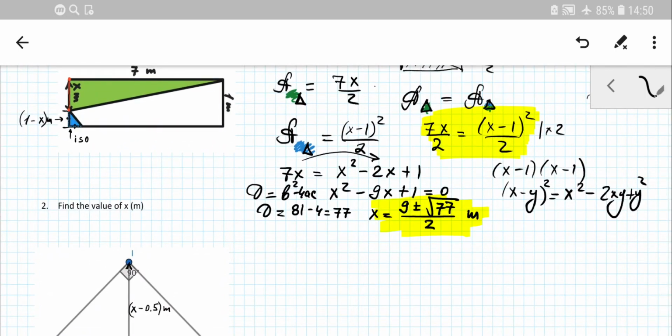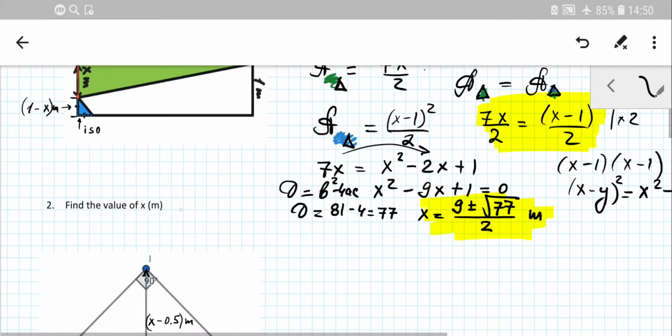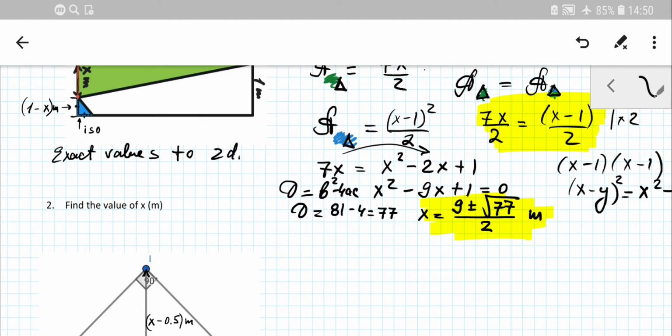We're actually working with meters here. So if you want to calculate precisely, so exact values to, let's say, 2 decimal places, we actually need to calculate. So first of all, we understand that the square root of 77 is less than 9, right?